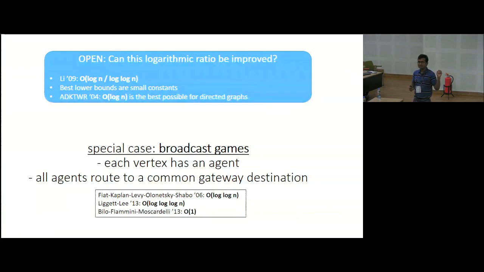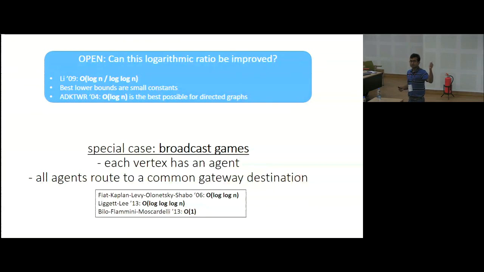The first is that it takes all the agents, and for all of them it says that there's a single destination node. So the destination node is common for all the agents. And this also makes sense in certain practical settings, because you can think of the destination maybe as a gateway node to where you want to route all the traffic so that the traffic can leave the network.